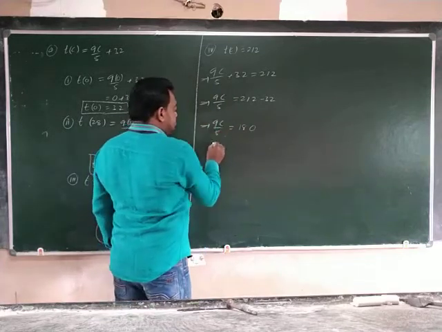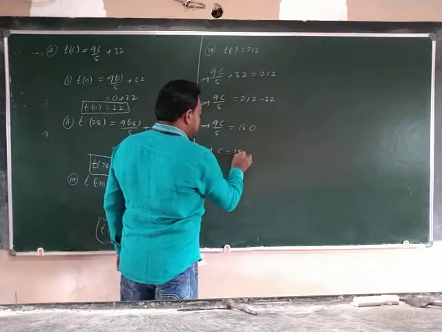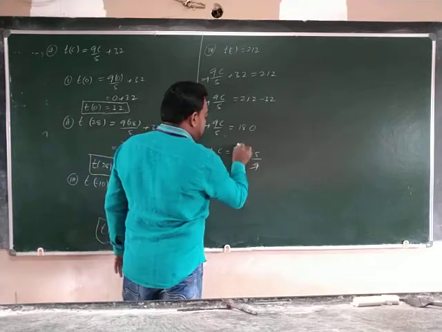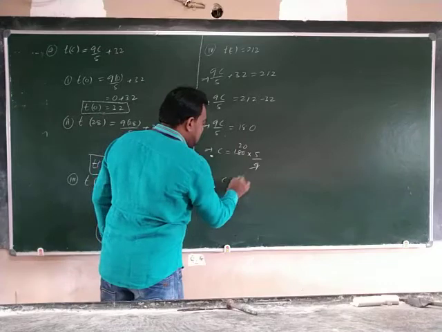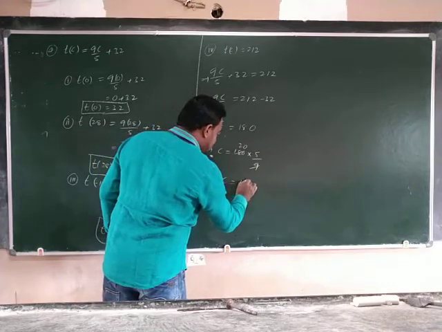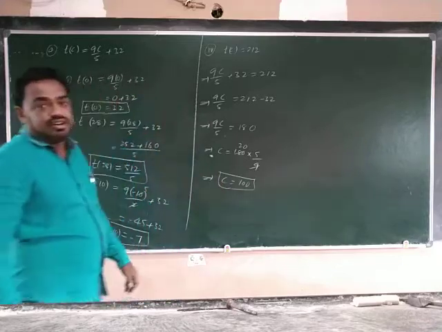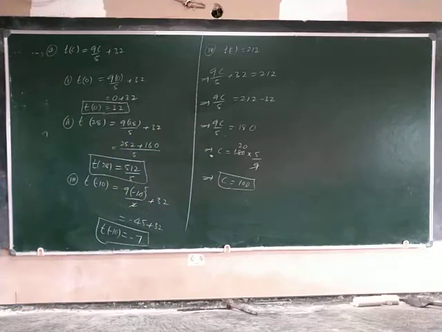So C is equal to 180 into 5 by 9. 20 times 5 is 100. C value is 100. This is the fourth question. Simple one. Okay.